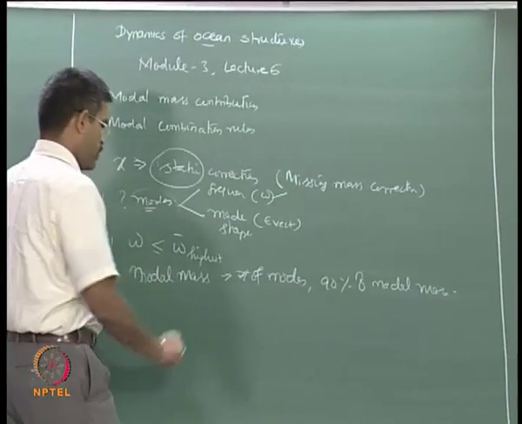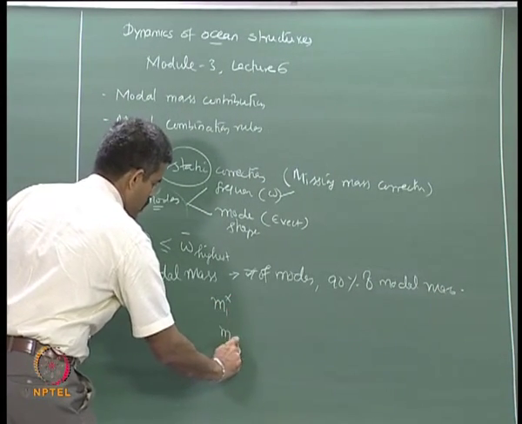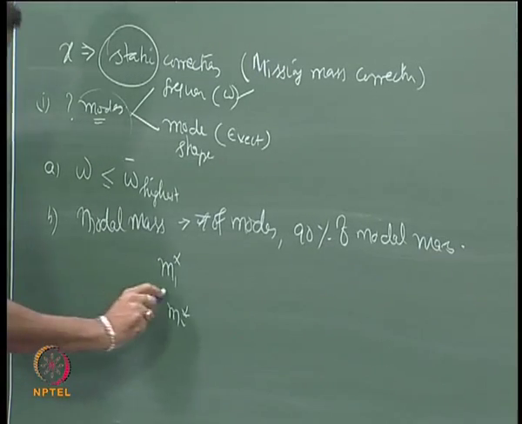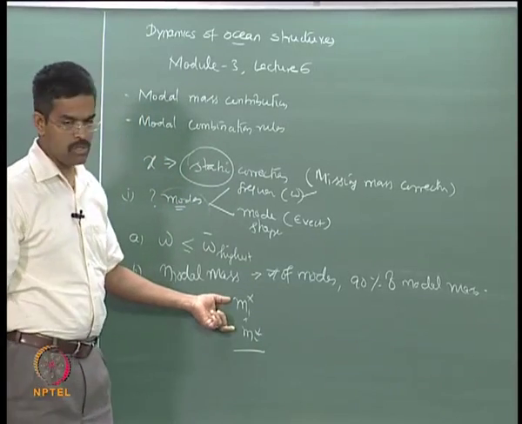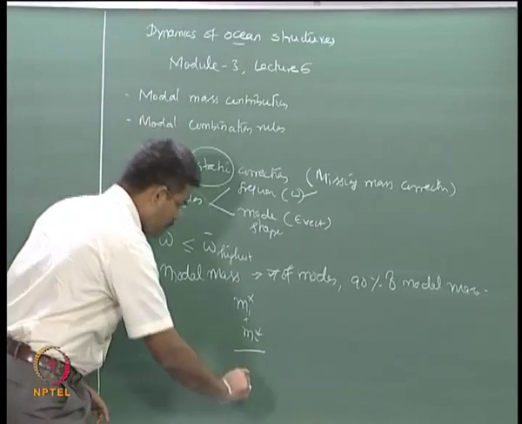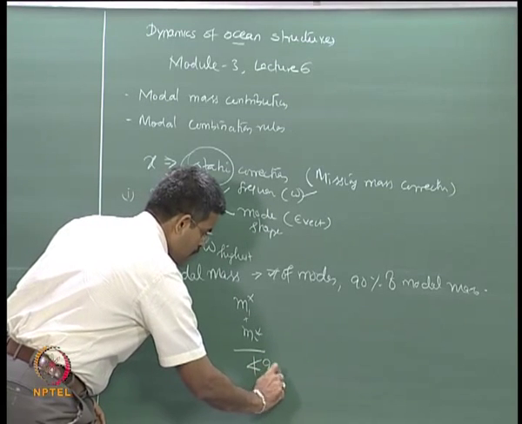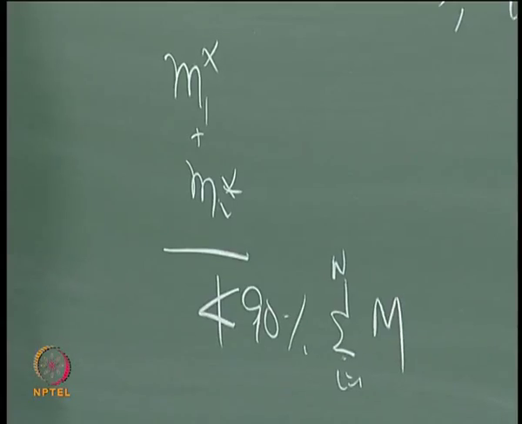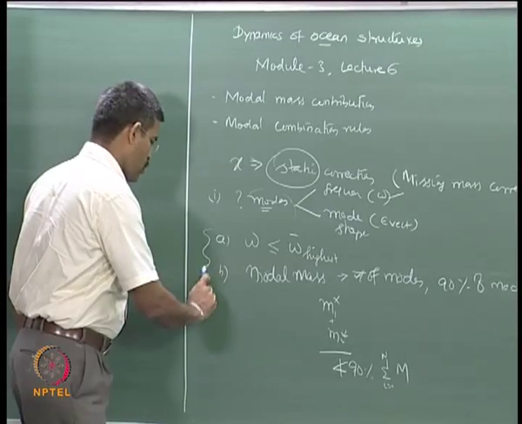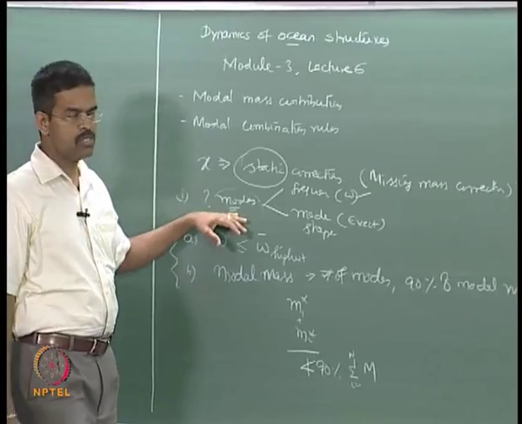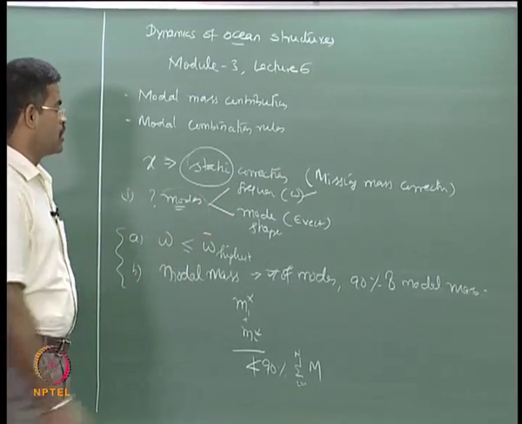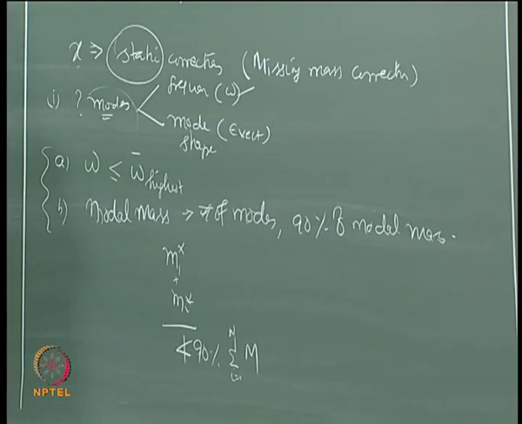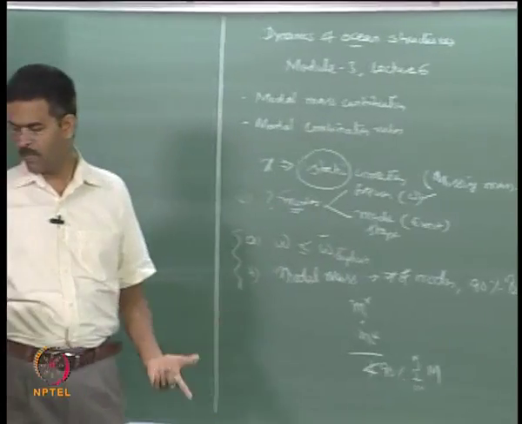That is, if m1 star, m2 star are the modal masses in the respective modes, and I am including two modes, then the sum should not be less than 90% of the total m. So the two arguments hold good for truncating the number of modes. Even if you truncate the higher modes, you can do a static correction to find the correct value of the response. Now we will talk about modal mass contribution with an example.